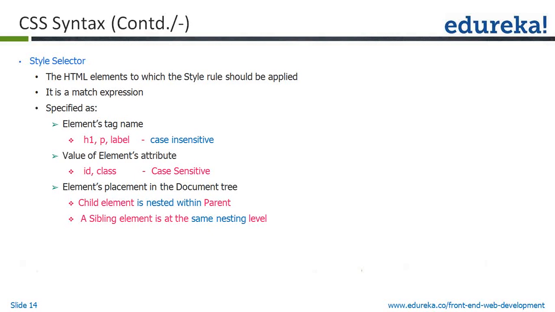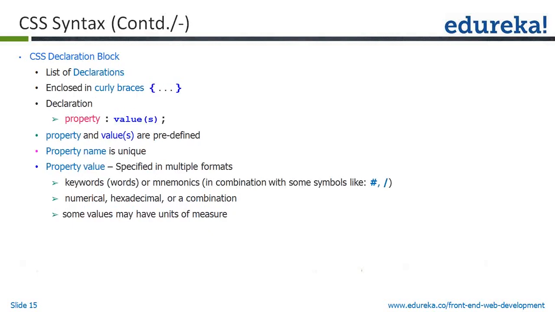This selector could be a tag name like h1, p or label, or it could be the value of an ID or class attribute, or it could be how this element is related to other elements. For example, a parent-child relationship or a sibling relationship. So you can say, select all the siblings of a particular element. All these are called selectors. There are even other advanced selectors in CSS as well.